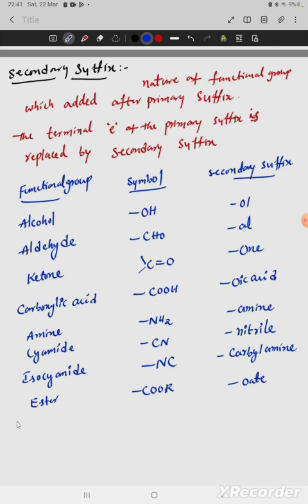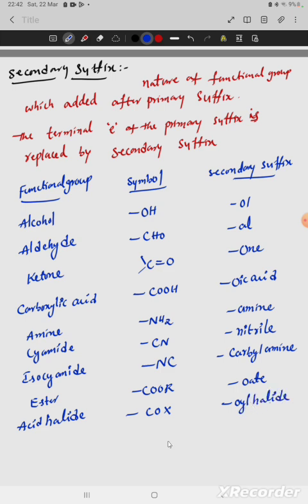Next, acid halides, that is COX. Here X is halides. Halides are fluorine, chlorine, bromine, and iodine. For acid halides, the suffix is oyl halide.